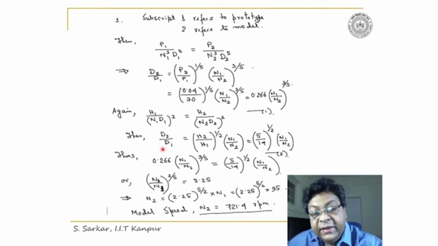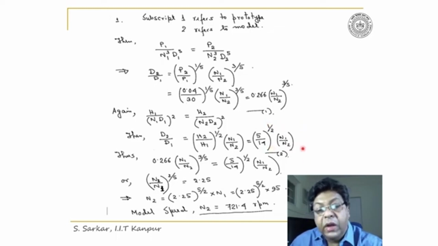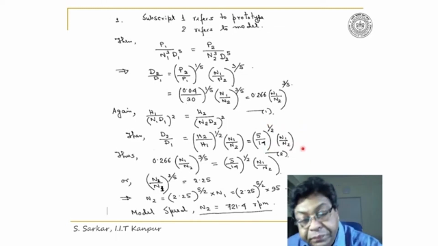Please go through this write-up. That is, D2 by D1 is equal to H2 by H1 to the power half times N1 by N2, and thus I get a relation of D2 by D1 equal to 5 by 14 to the power half into N1 by N2.